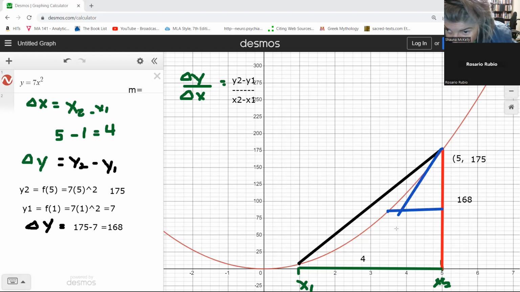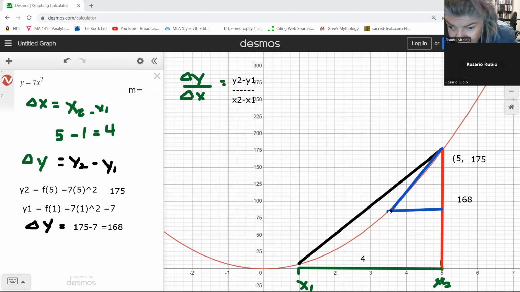You see? Okay. And so my tangent line becomes a lot closer to the curve, doesn't it? Yes. The closer this point moves to this one, this is the concept they're taking you to.